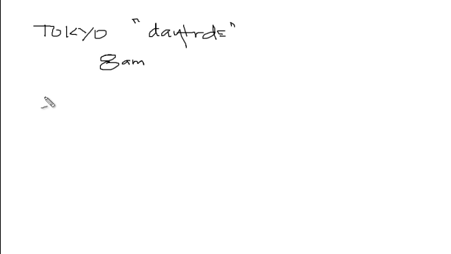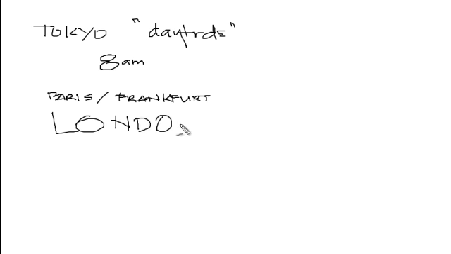this one's kind of interesting because you do have a push of volatility, you do have a push of participation with Paris and Frankfurt, but really it's much larger with London. And again, when is it 8 a.m. in London?